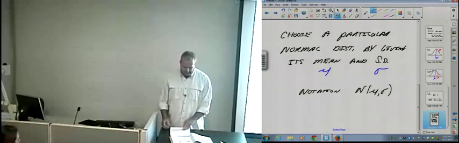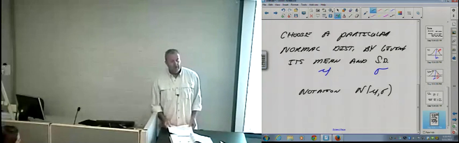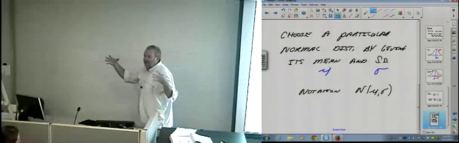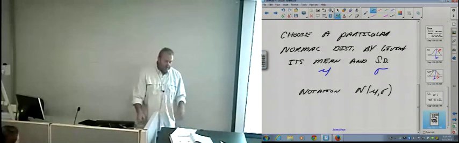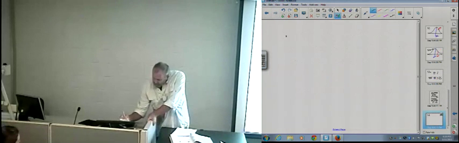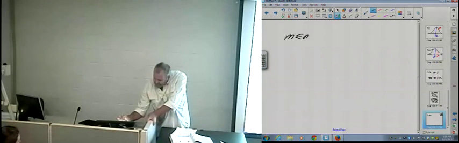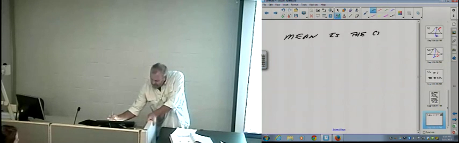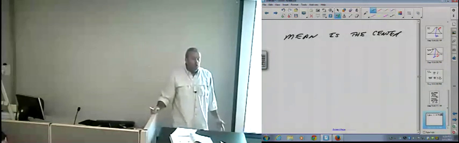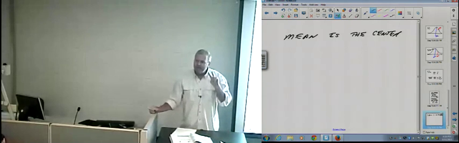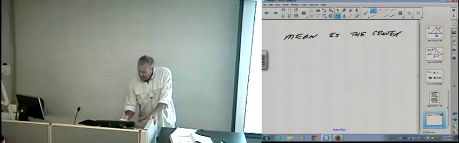Okay? Now, the mean is the center. The standard deviation is measuring the spread about the center. All right? Now, mean is the center. Okay, what's every normal curve look like? They're symmetric, single peaked, and bell-shaped. They look like this.